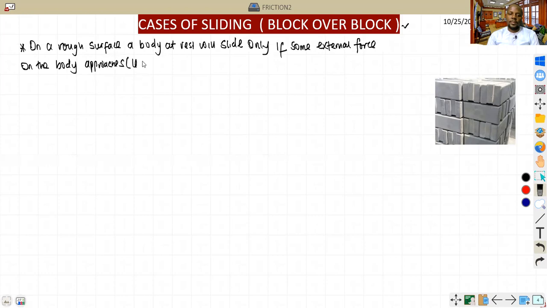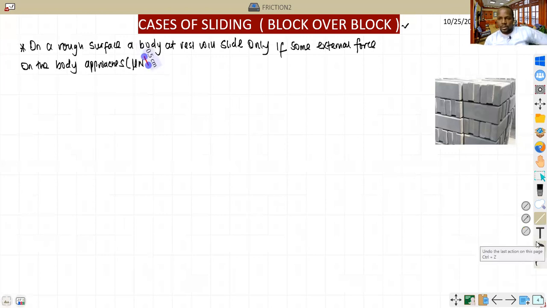So what I'm trying to say here is just, like I said, a simple concept that you all can understand. For understanding's sake, look at this, guys. Now we have a body.